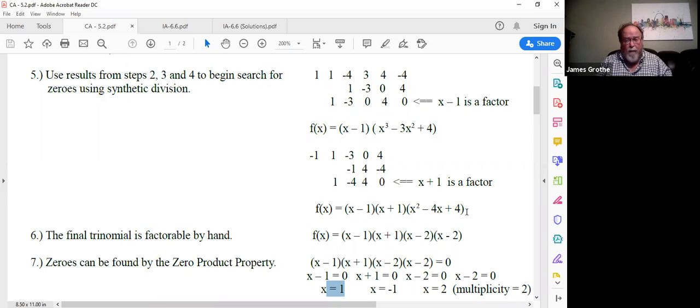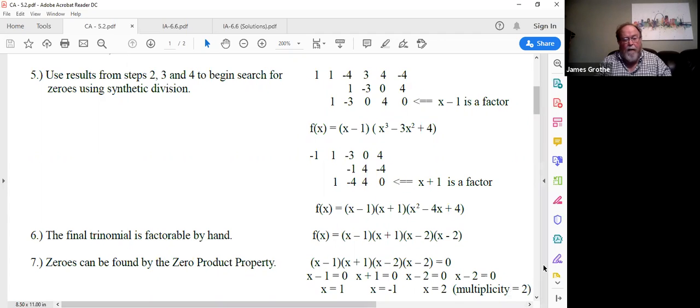I can always use the quadratic formula, but in this case, it's actually factorable. x squared minus 4x plus 4 factors into x minus 2 times x minus 2. And so I set each of those equal to 0. When I do that, I get x equals 2 twice, which means that x equals 2 is a zero of multiplicity 2.